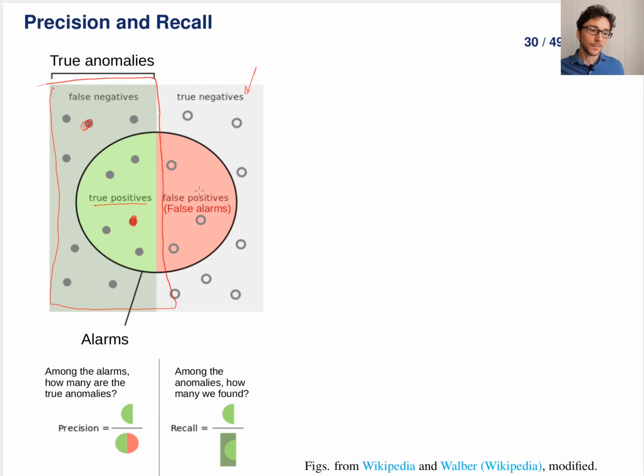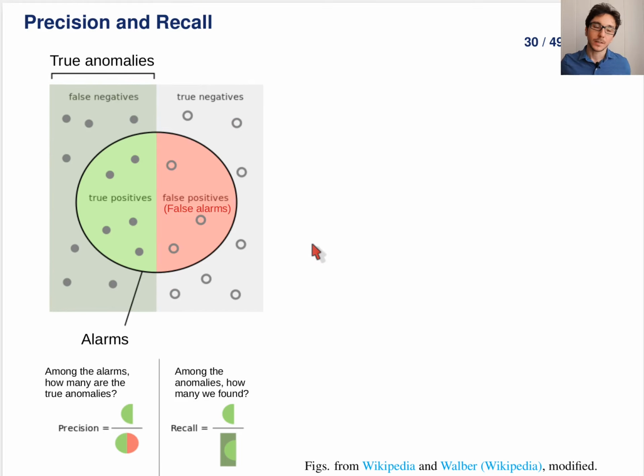Let's go on the right. False positives or false alarms are samples which our detector recognized as anomalies, but they were actually normal points. So our detector raised an alarm, but it was not needed. And true negatives are normal points that our detector recognized as normal. So in this case, the detector was correct.